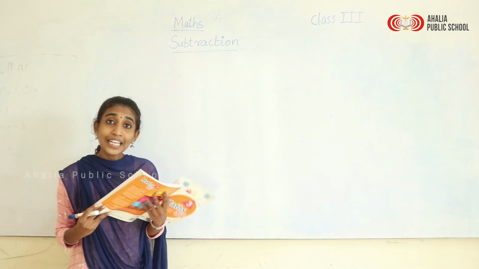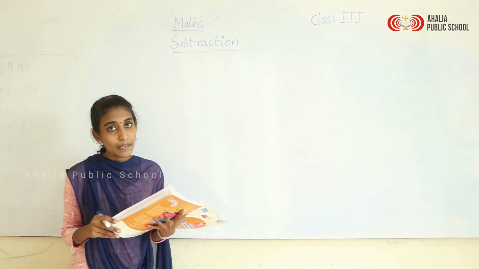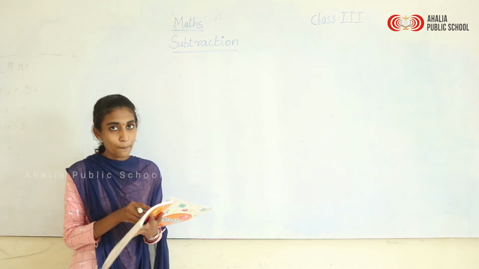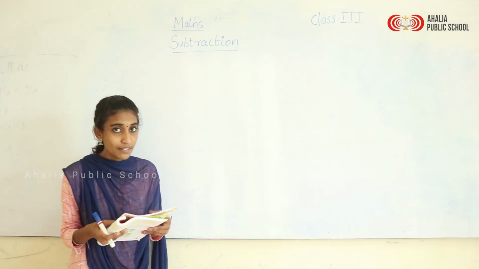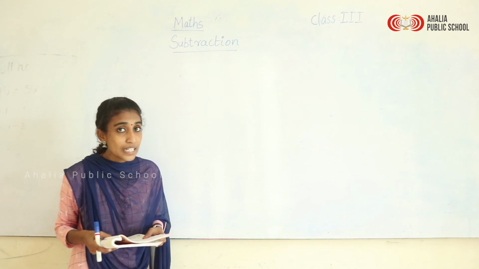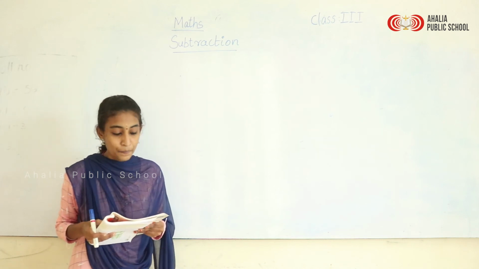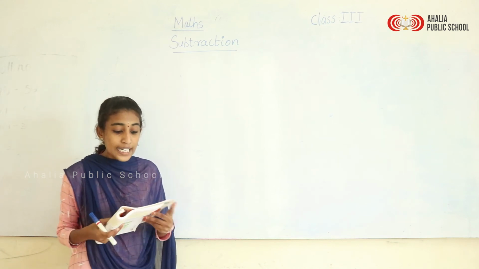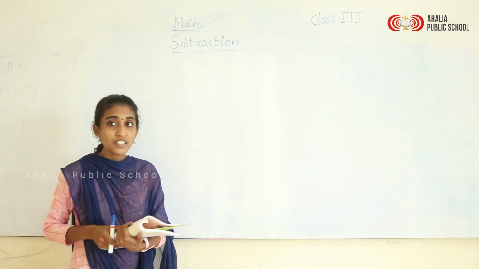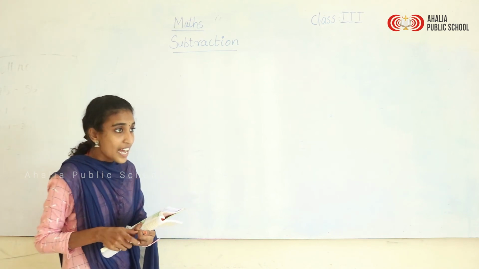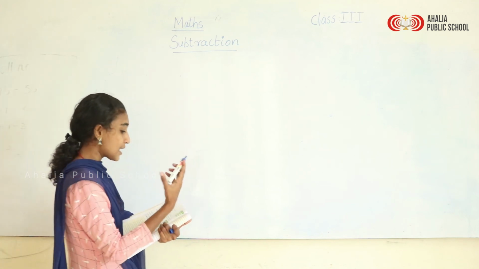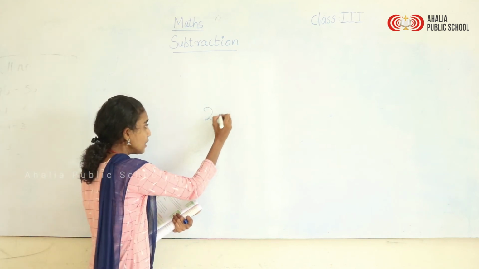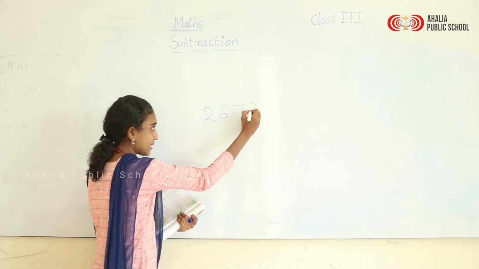So we have to find the remaining number of chocolate bars that are left in the shop. Now everyone turn the page and look at the solution given there. They have given the solution in a step-by-step manner. Number of chocolate bars in the shop is the first step. Read the question and write the first step from the question itself. The number of chocolate bars in the shop is 2,673.